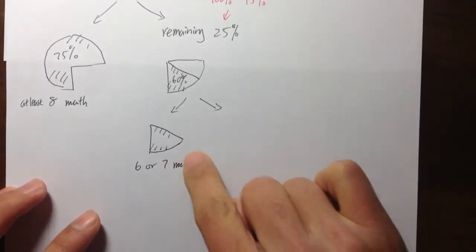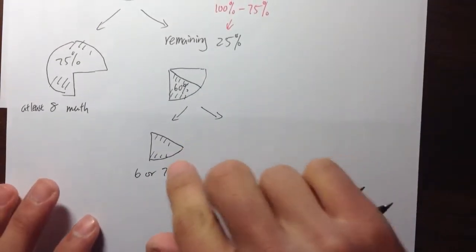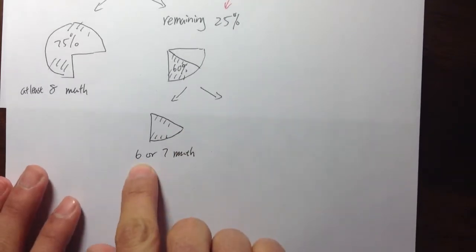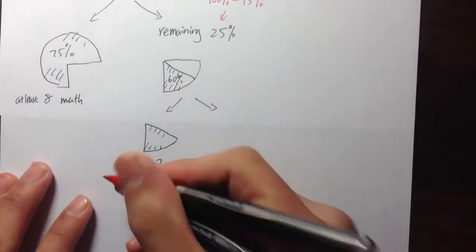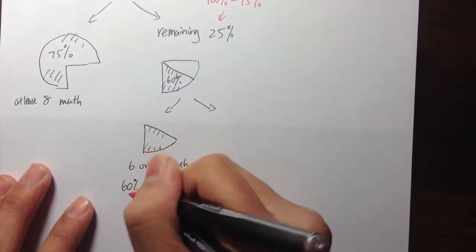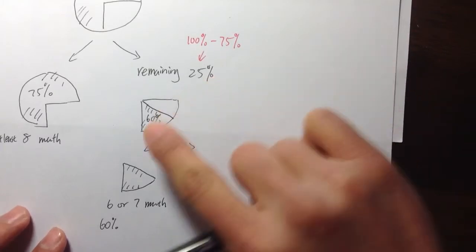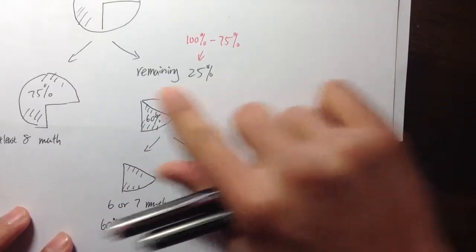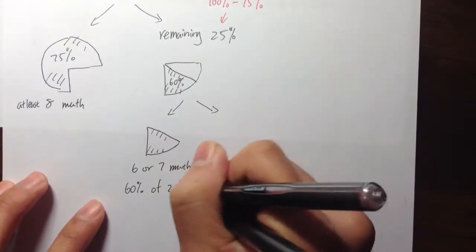And what percentage of the students actually took just 6 or 7 math courses? It's not 60%, right? This is actually 60% of the 25%, because it's only saying 60% of the remaining students, of the 25%.